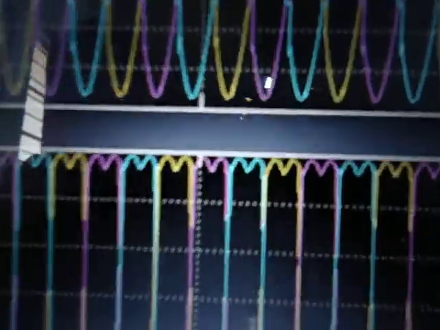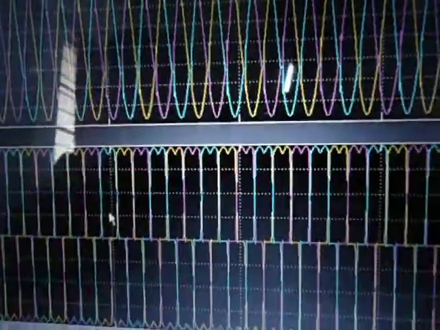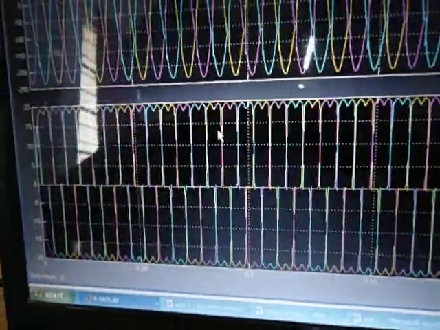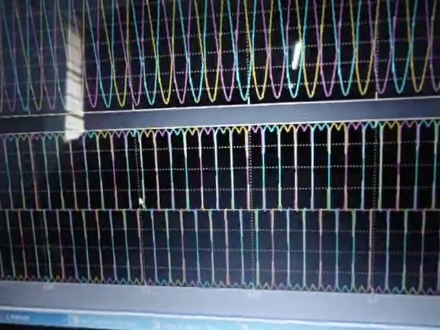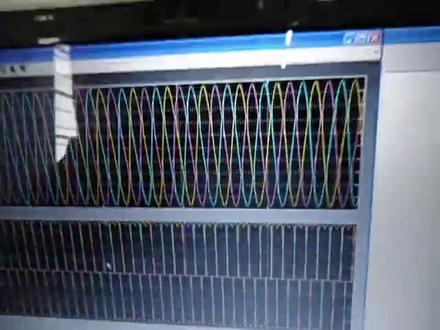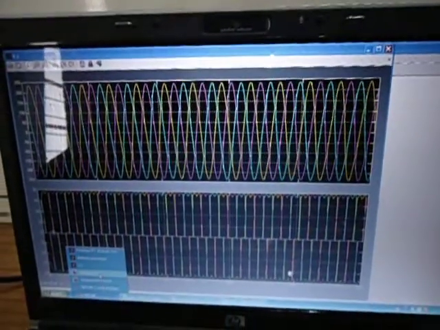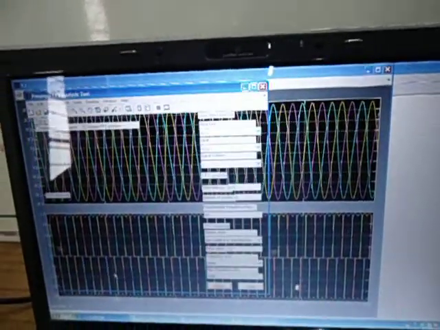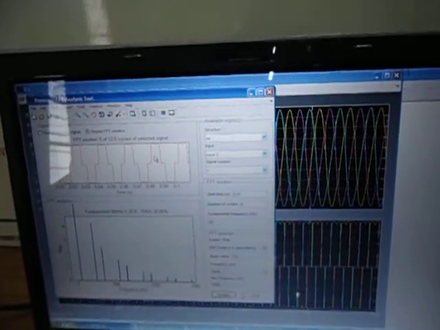By observing the current waveform, we can conclude that a high amount of harmonic content is present in the waveform, so the percentage of the total harmonic distortion can be given by the FFT analysis. The value of the total harmonic distortion can be given by the FFT analysis tool.